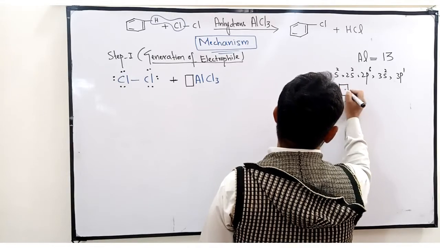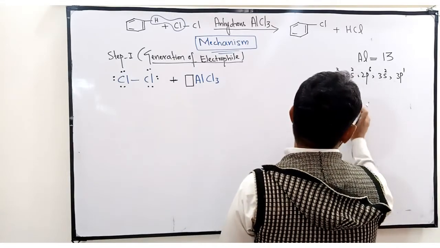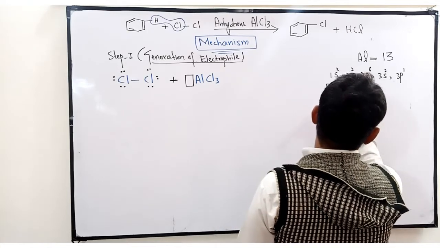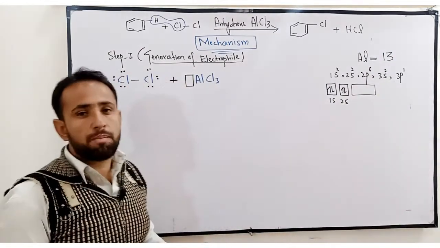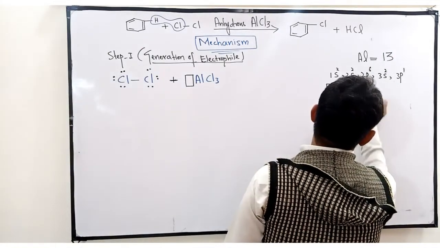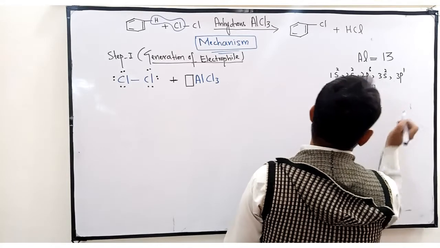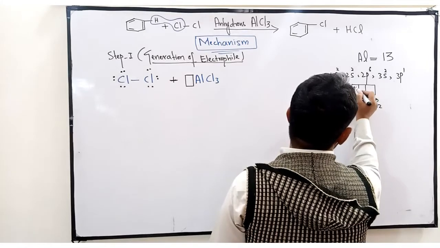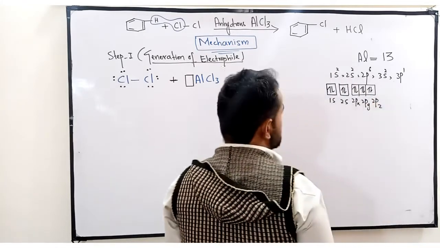Both of these are filled. Now the p has 3 more orbitals, that is 2px, 2py, 2pz. There are 2 electrons in each of these orbitals.